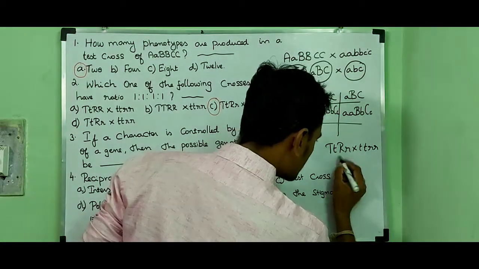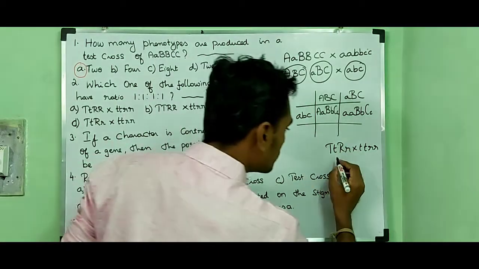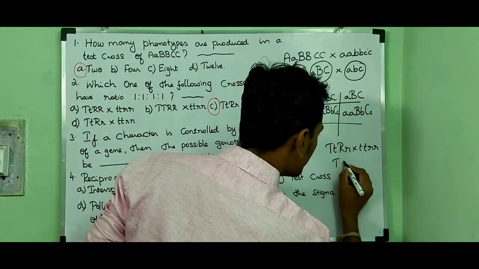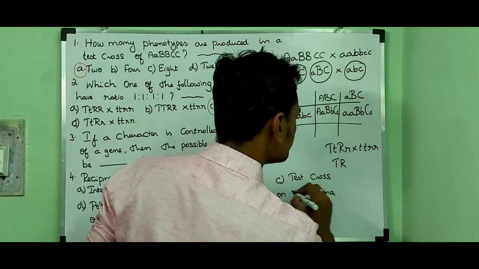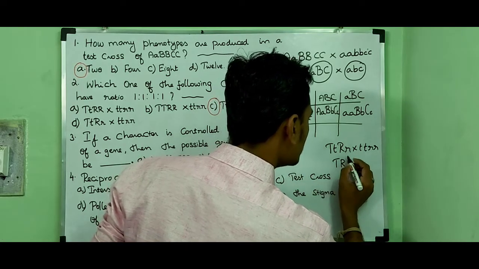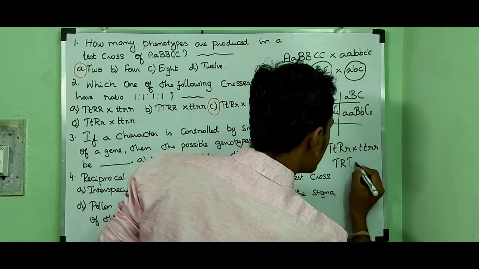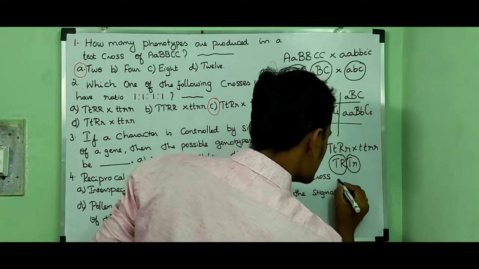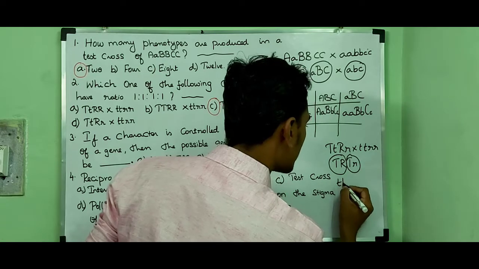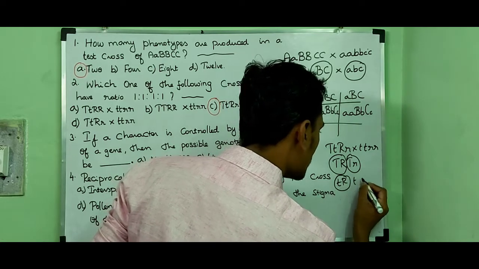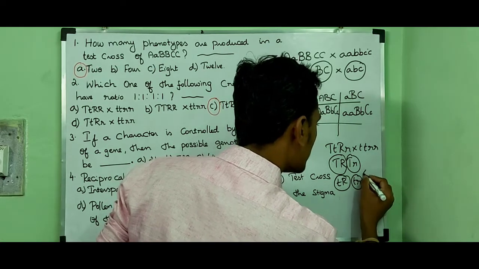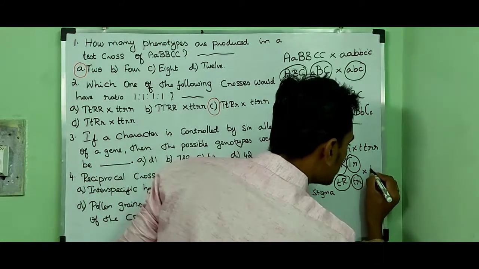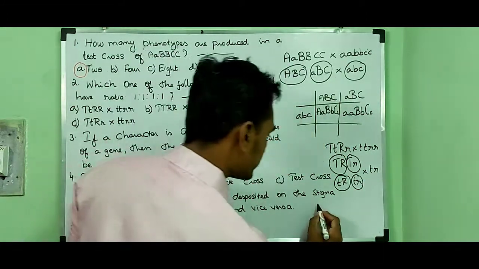The gametes produced by the first parent are capital T, capital R; then capital T, small r; then small t, capital R; small t, small r. These cross with small t, small r.